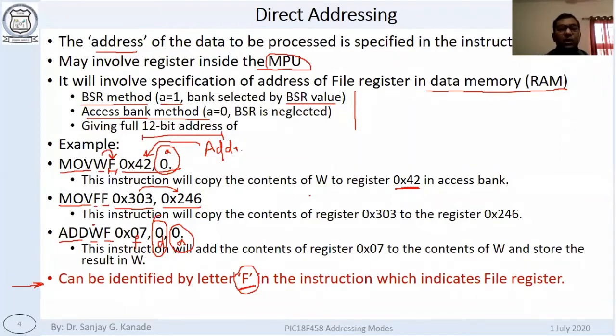This F is for file register, right? It means the operand of this instruction is F, and F is the address of the file register. It means we have to specify the address in the instruction. That's why this is the direct addressing mode. Okay. Any question until this point?